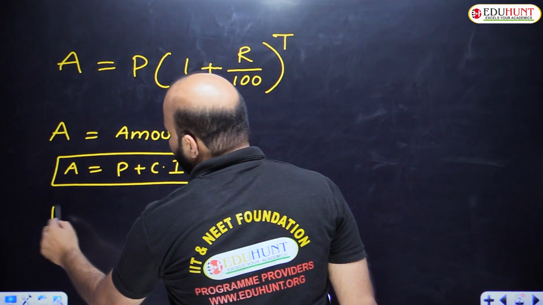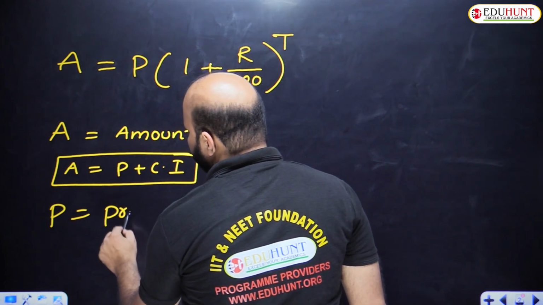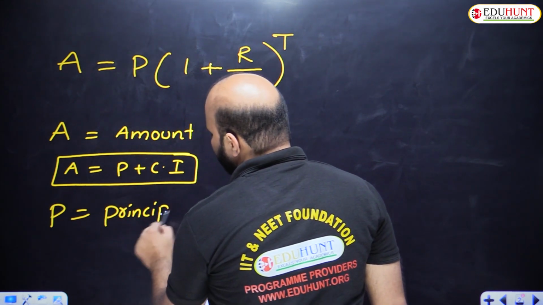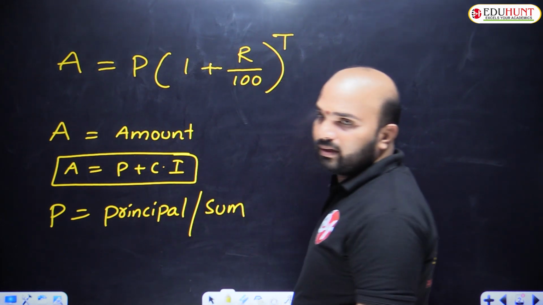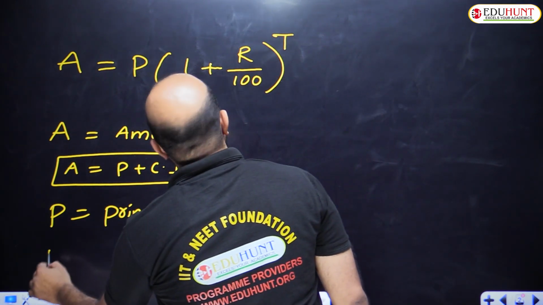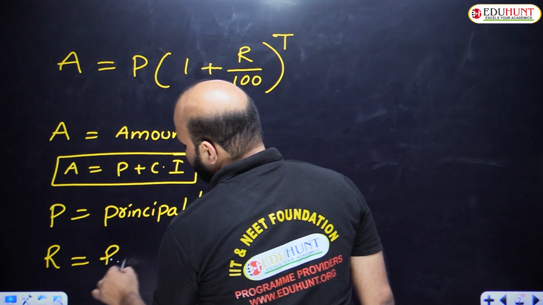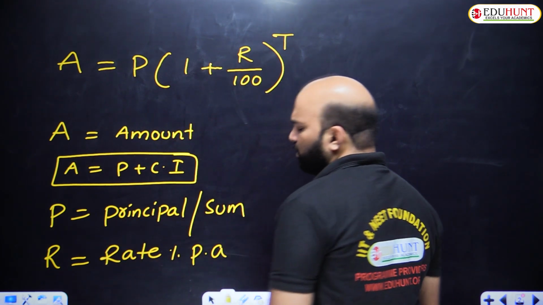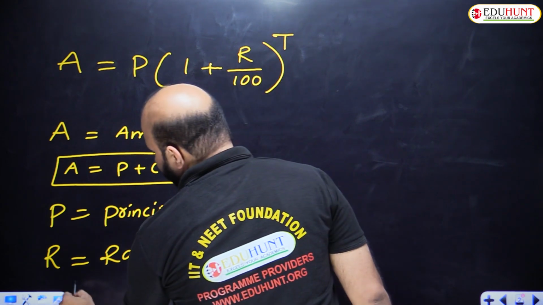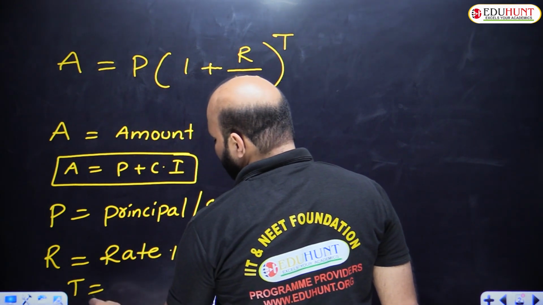P stands for principal, or a certain sum of money. R stands for rate percentage per annum. T stands for the time period.